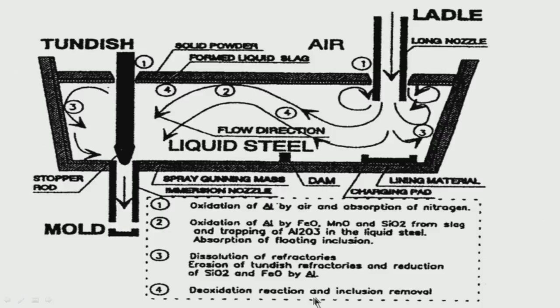So deoxidation reaction and inclusion removal, that means removal of deoxidant alumina, is possible in the Tundish if you allow higher residence time, if you allow the liquid steel to remain in the Tundish for some more time with the use of dam and weir. So the flow control devices are very important here. So these are the actions which are necessary in Tundish.